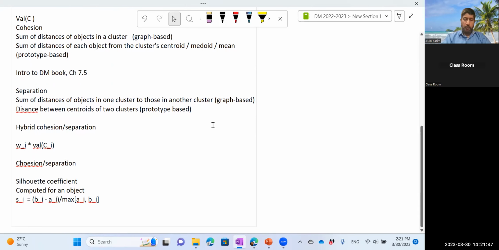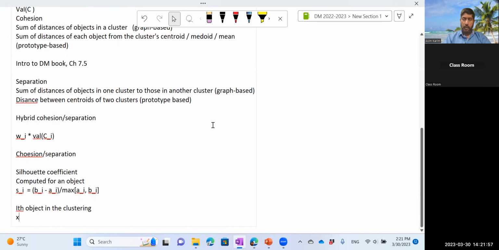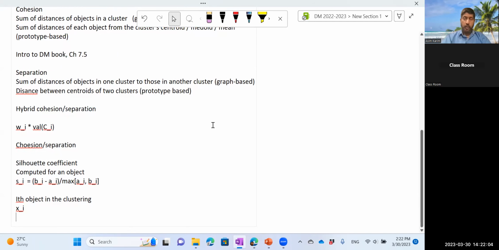Okay, so what is Ai and Bi? We are talking about a specific object, the ith object in the clustering. So let's say xi is your object. We're trying to find how well this object is clustered in the clustering.